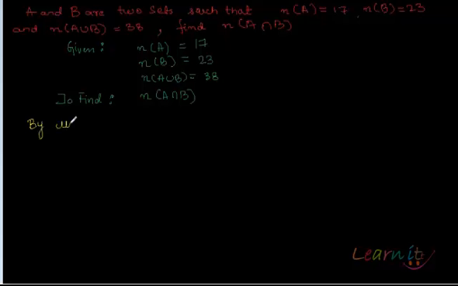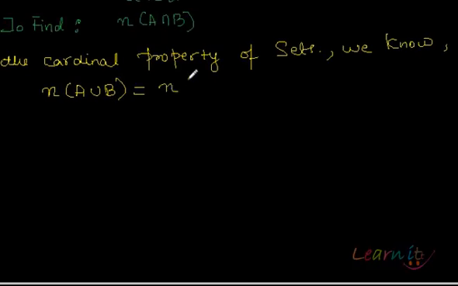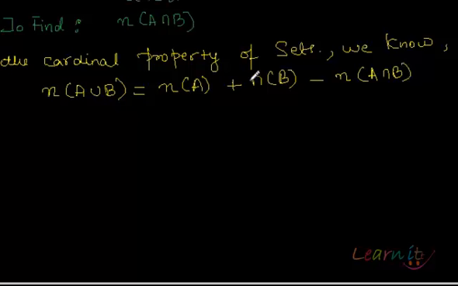So by the cardinal property of sets, we know n(A union B) equals n(A) plus n(B) minus n(A intersection B). Now we have this, we have this, we have this. We need to find out this.